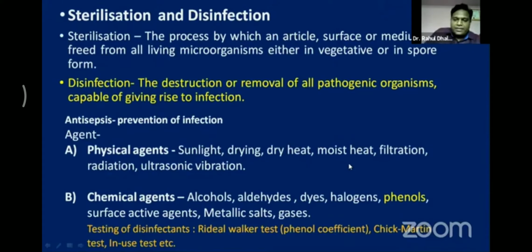Steam under pressure, for example autoclaving, penetrates directly into the bacterial cell and kills the bacteria by protein coagulation. Then filtration, like a Seitz filter, we can sterilize the solution. Then radiation like X-rays and gamma rays can kill the bacteria. Ultrasonic vibration can also disrupt the structure of the bacteria.